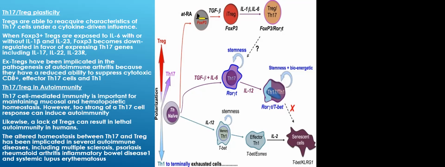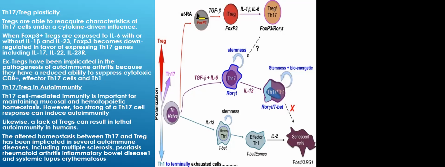And this leads to what? Autoimmune diseases. So the lack of Treg, the lack of the police, and the police becoming criminals, becoming Th17, is a problem. It can lead to autoimmunity in humans.